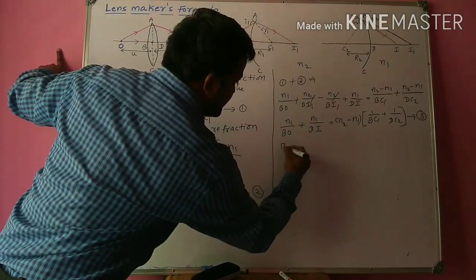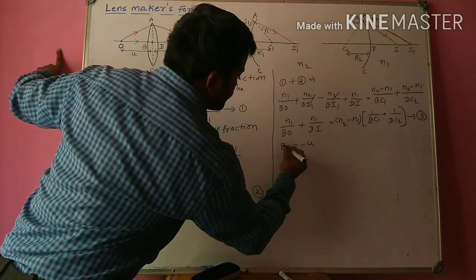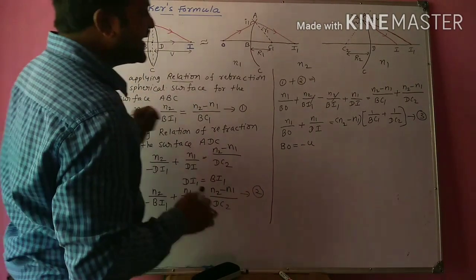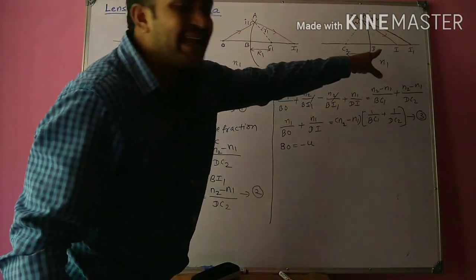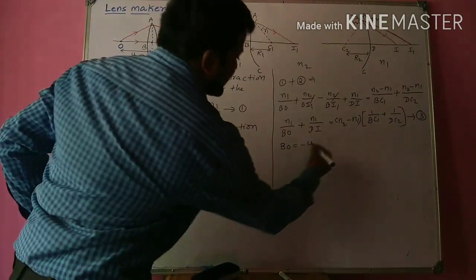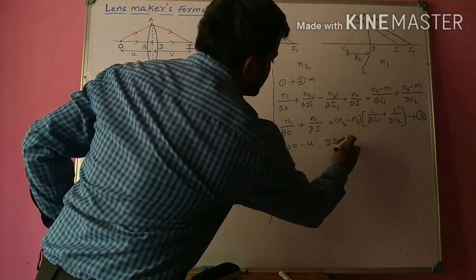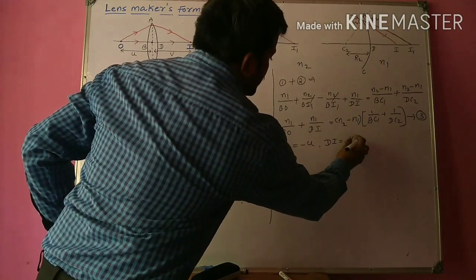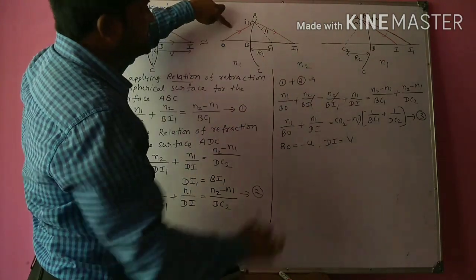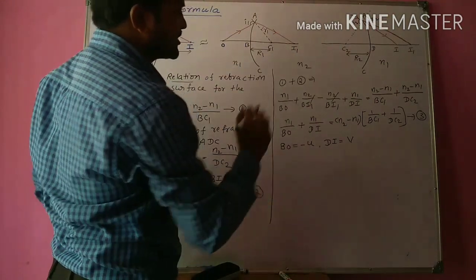That means BO is equal to minus U. Next term, DI means from D to I, where I is the image. That is called the image distance, and DI can be taken as V. It is measured in the same direction as the incident light, that's why it is positive.